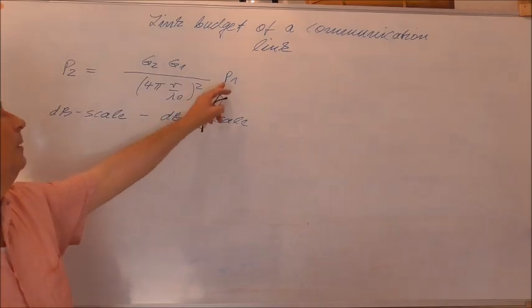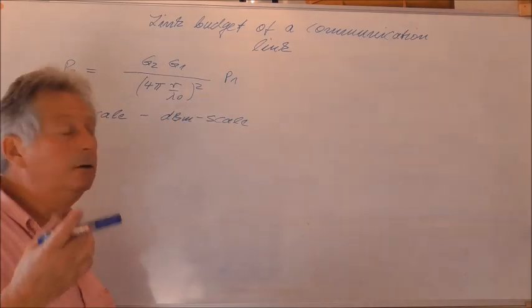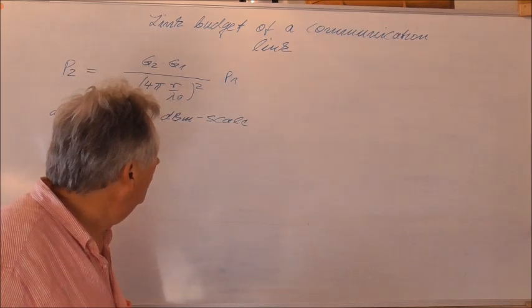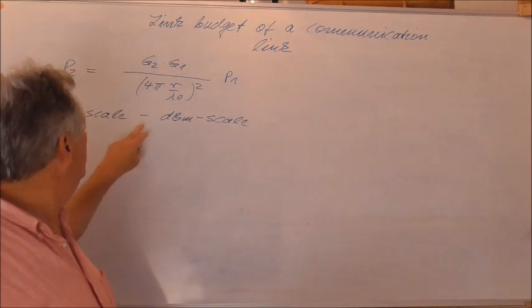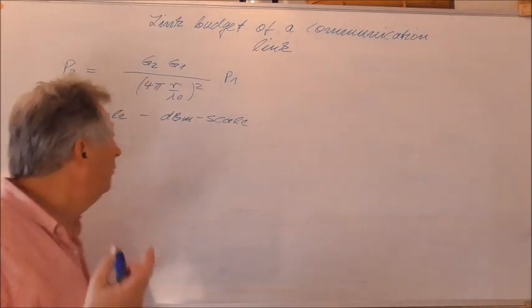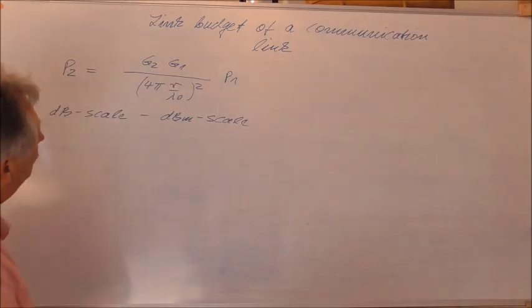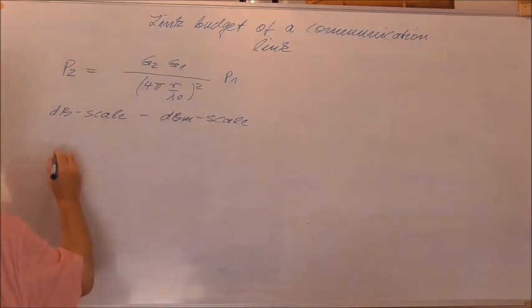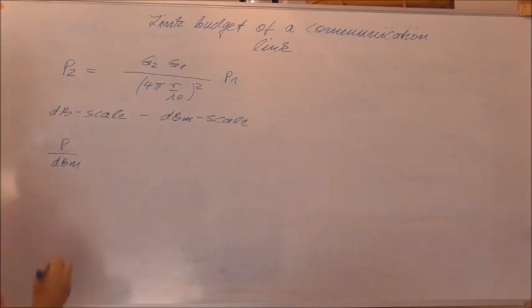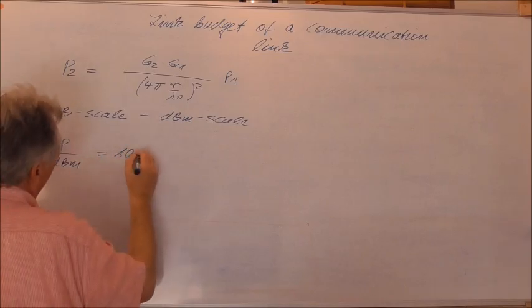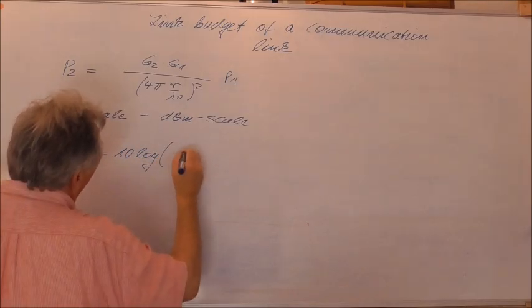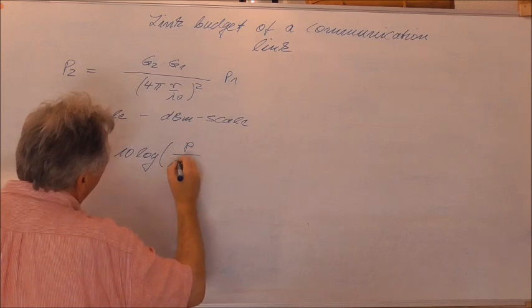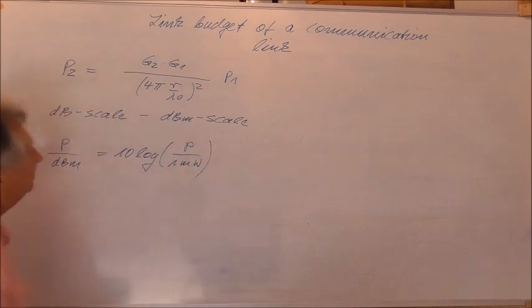For example, a power is given in watts, but the dB scale normally uses the logarithmic function. So I will introduce the power in dBm with the following notation: P in dBm is given as 10 times log of the power P with reference to 1 milliwatt.